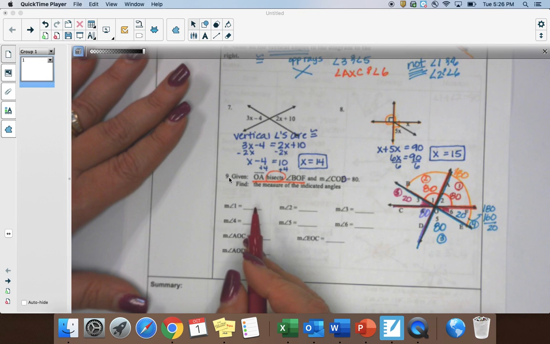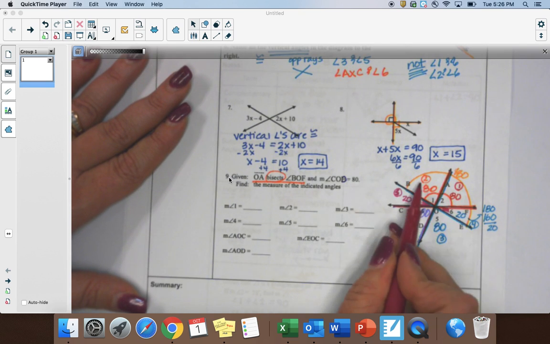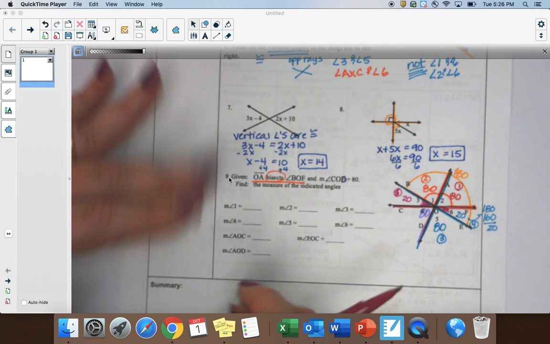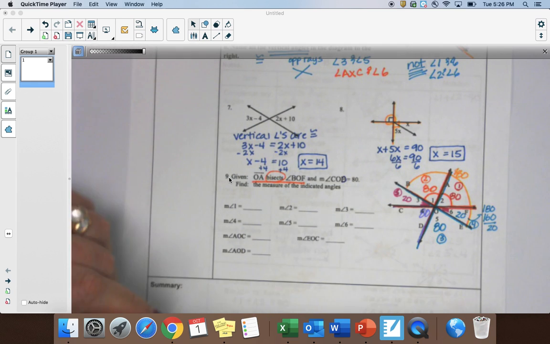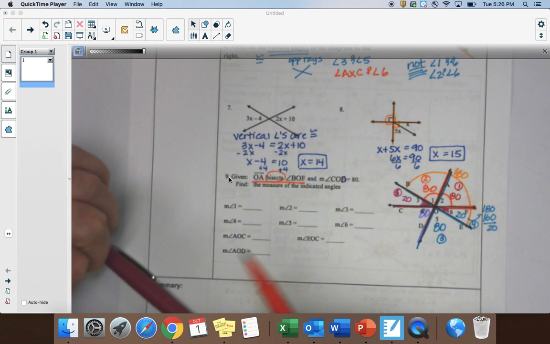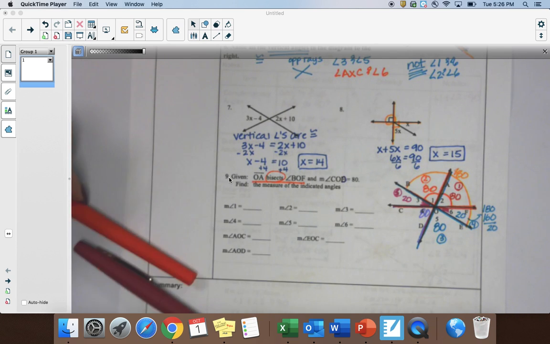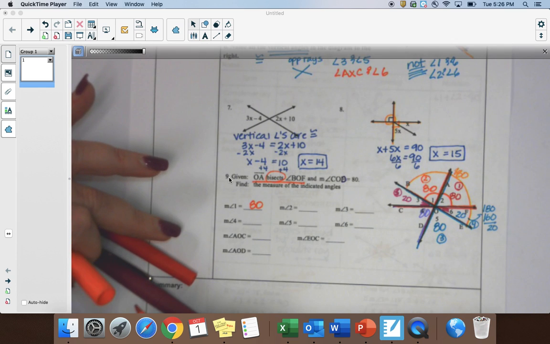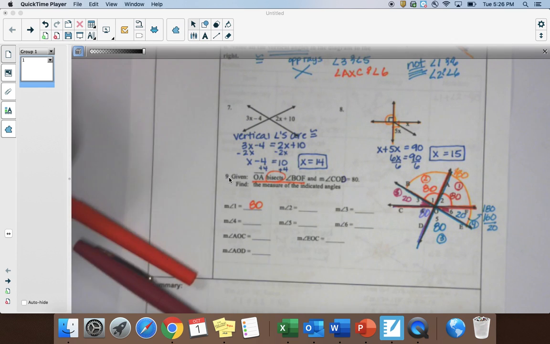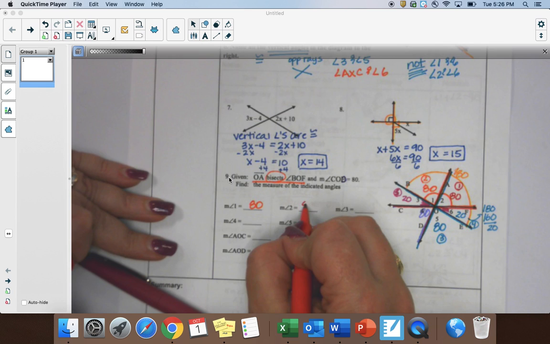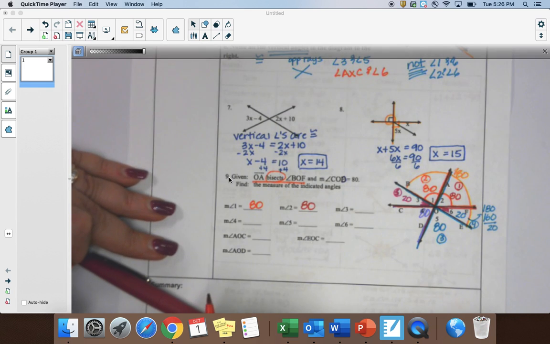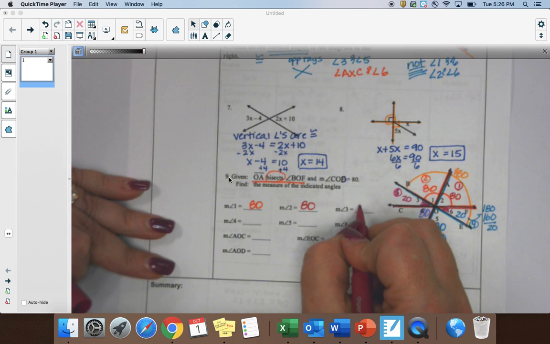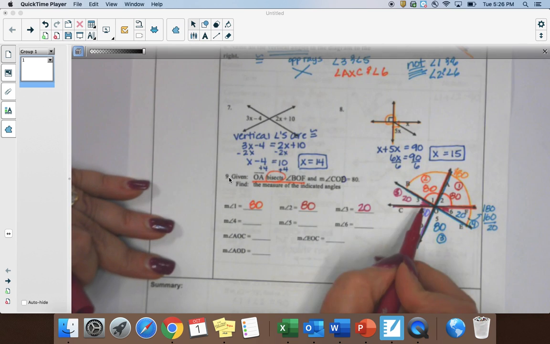So now I'm going to go over here. I've got every angle filled in in this picture, which will help me then to find the pieces that I need over here. So angle 1 that I found was 80, okay, because it was a vertical angle. Angle 2 was also 80. That was the first one I found. Angle 3 was 20 because those form a straight line.